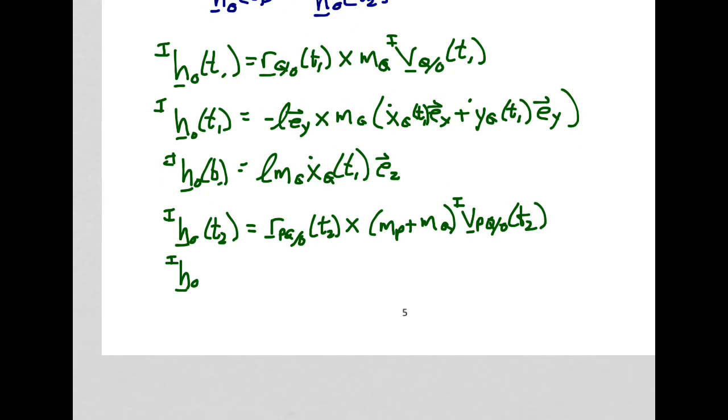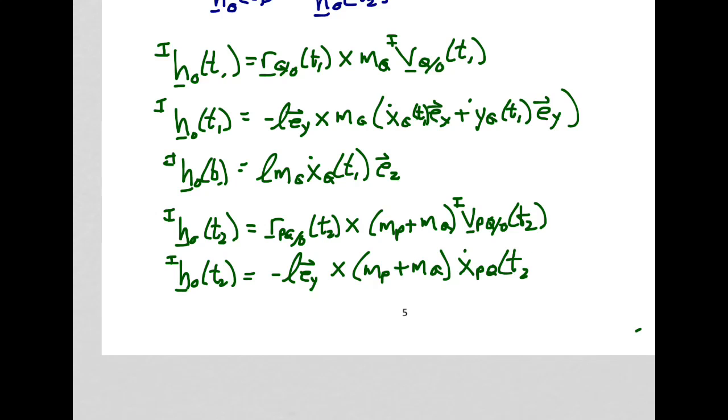And so this total angular momentum at time 2 is equal to, we get the same thing, negative L in the ey direction. So that's the same position vector, because during the impulse it hasn't changed position, it's only changed velocity, or it's changed momentum because it's changed both velocity, and now we have two masses. So this is crossed with the combined mass mp plus mq multiplied times x dot of pq, our combined mass, at t2, and this is in the ex direction.